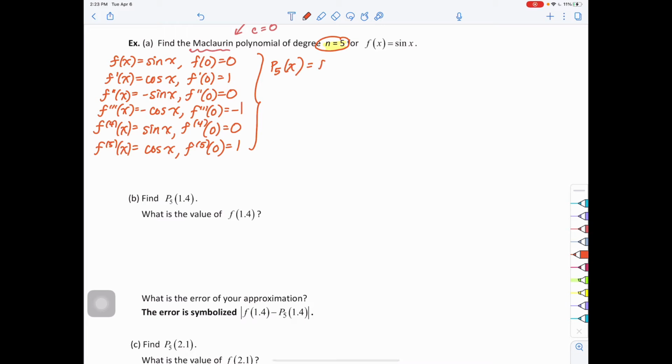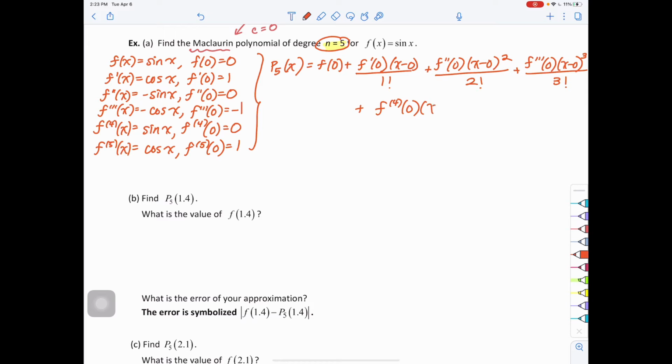This would be f at the center plus the first derivative at the center multiplied by x minus 0 all over 1 factorial plus f double prime of 0 times x minus 0 squared over 2 factorial plus the third derivative x minus 0 cubed over 3 factorial plus fourth derivative x minus 0 to the fourth over 4 factorial plus the fifth derivative x minus 0 to the fifth over 5 factorial.